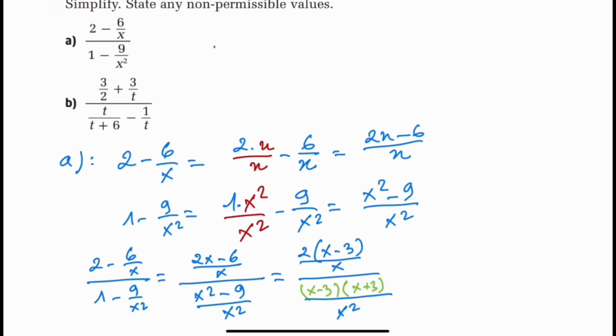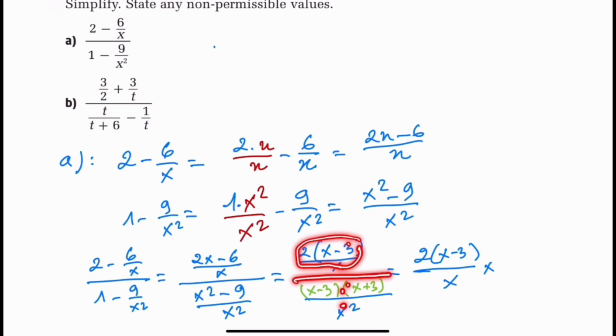Okay, so I have two divisions. I can change them to the opposite, a multiplication. So it will be 2 times x minus 3 divided by x times the opposite of this one. So I will flip this one. If you have something over something divided by something over something, you keep this one and you change the division to a multiplication.